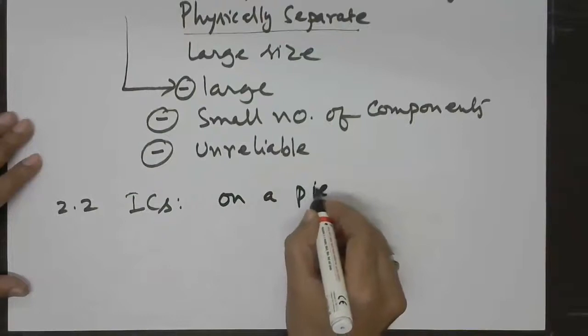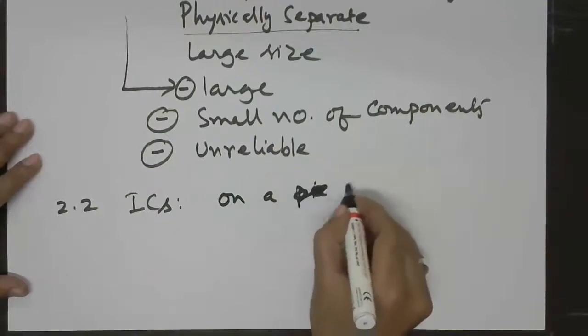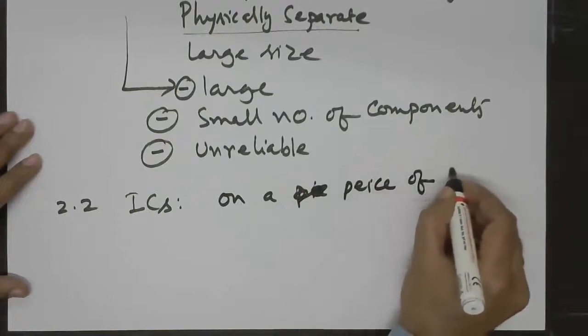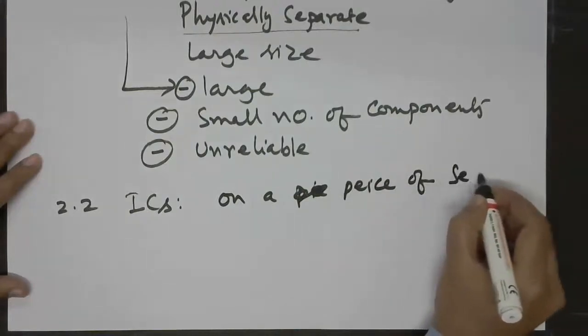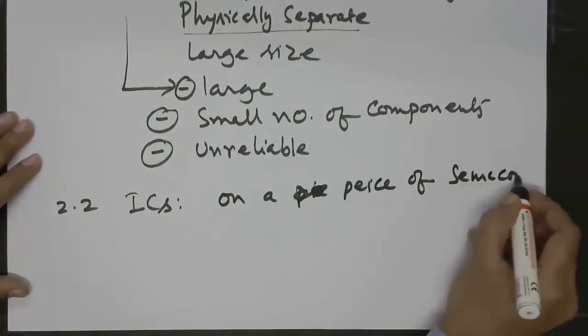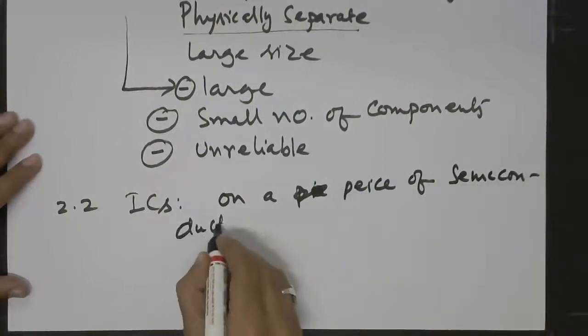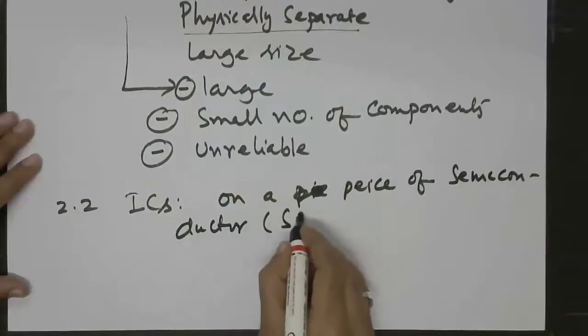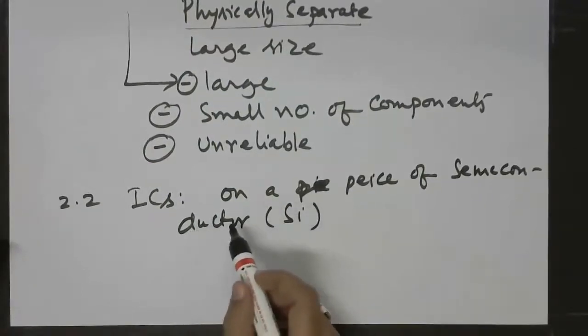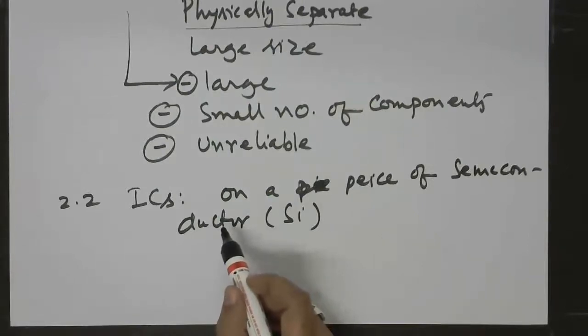On a piece of semiconductor, typically silicon, we fabricate all the components: resistors, diodes, transistors, capacitors, even inductors also.